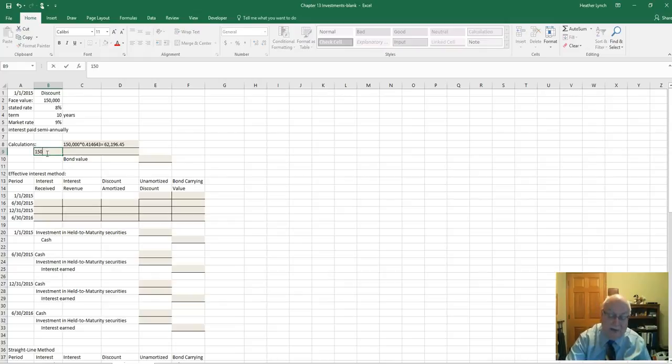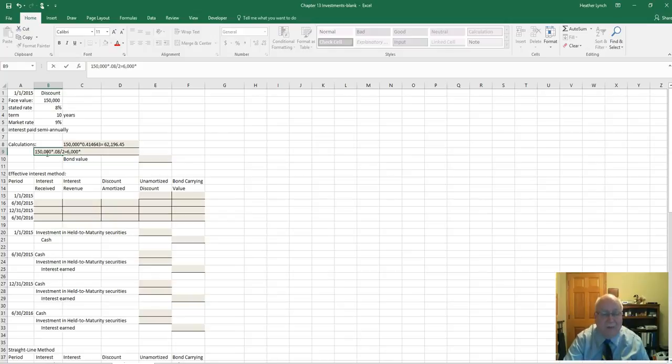Then we have to do the same thing, except we find the present value of the interest payment. So the first thing you do is find out how much interest you're going to receive every 6 months. That's at the 0.08 divided by 2. And if you multiply this out, that gives you the 6,000. Now we need to go to the present value of an annuity.